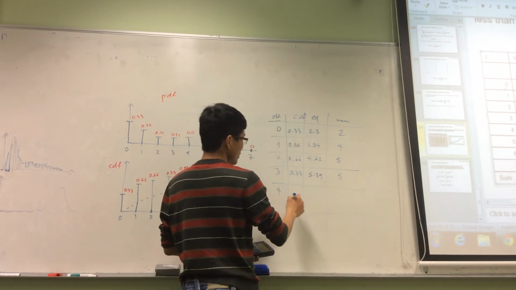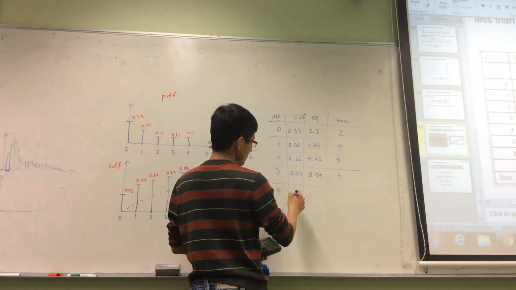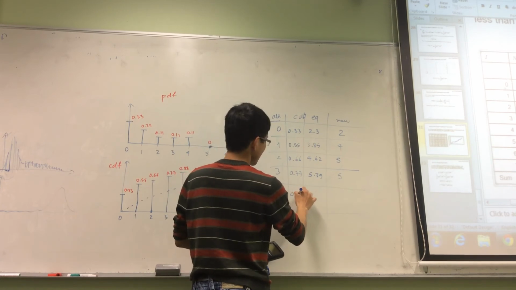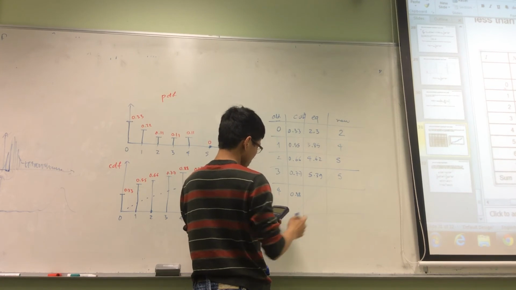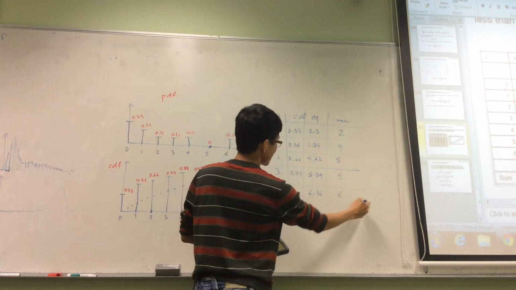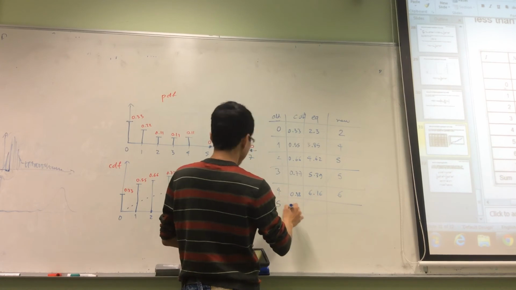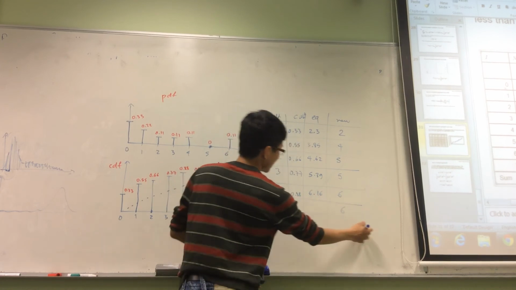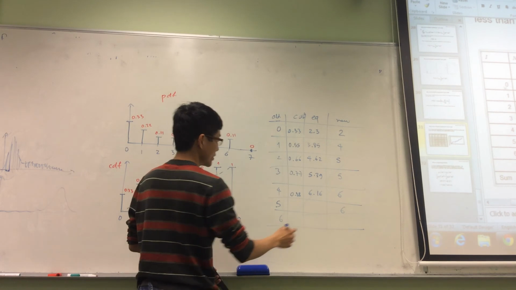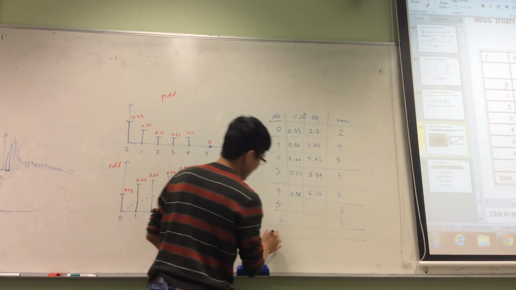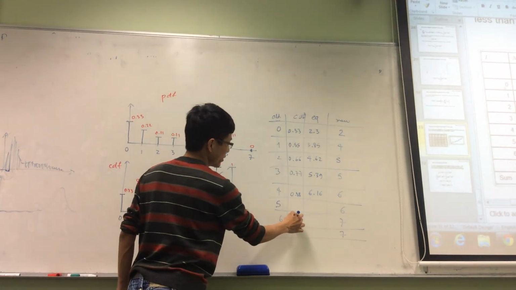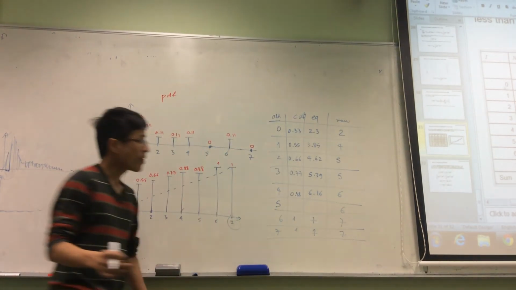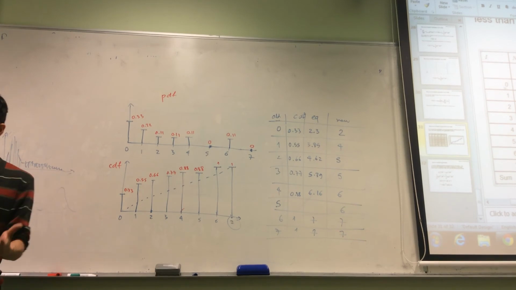Then 4, 0.88 times 7 is 6.16, which is 6. 5 will be the same thing, right? Yeah. 6 will be 7. And 7 will be 7. Yeah, this one is 1, 1. So you create a map.